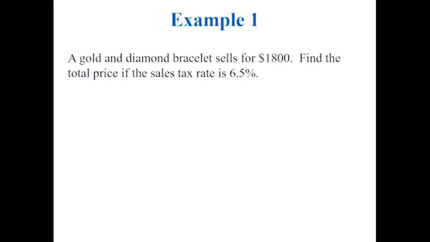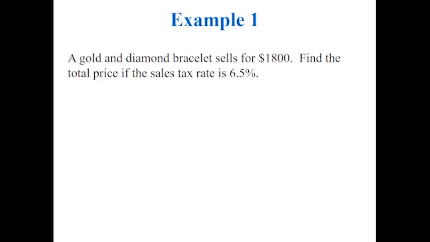So let's look at these real life examples. A gold and diamond bracelet sells for $1,800. Find the total price if the sales tax rate is 6.5%. Okay, so I go into the jewelry store. I see this gold and diamond bracelet.